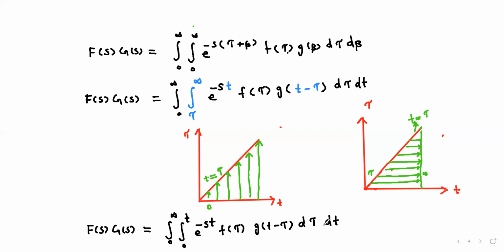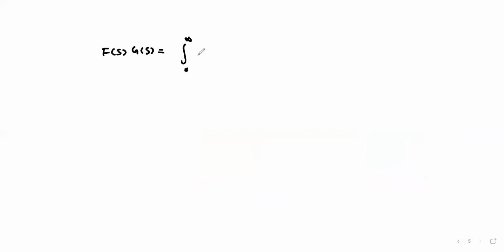So F of s, G of s is equal to integral 0 to infinity, e raised to power minus s of t, then 0 to t, f of tau, g of t minus tau, d tau, and then dt.